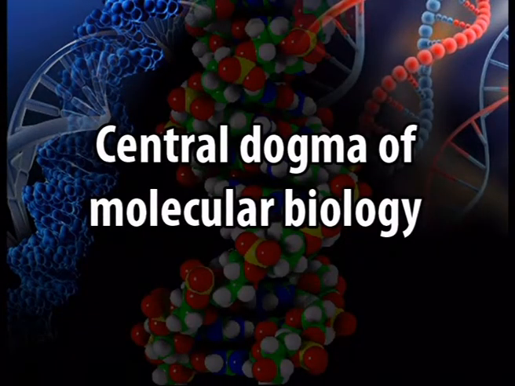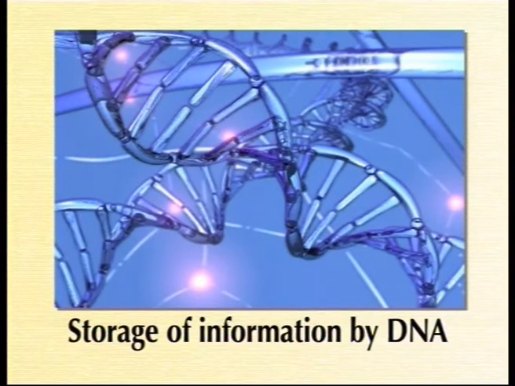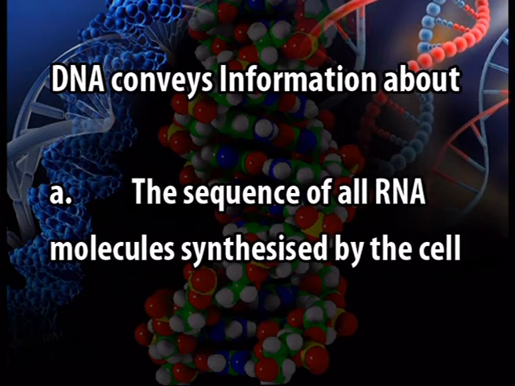These two processes comprise the central dogma of molecular biology. In fact, DNA possesses and conveys several types of information required in this central dogma. And these include information about the sequences of all RNA molecules synthesized by the cell.